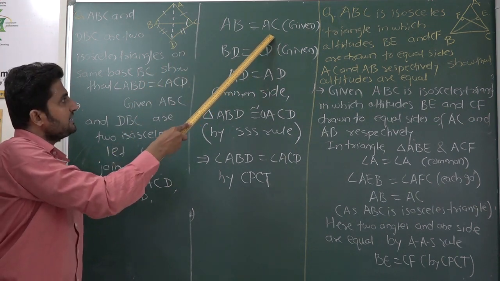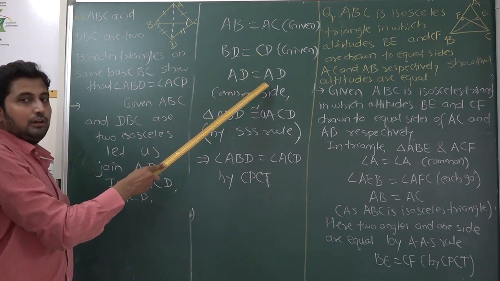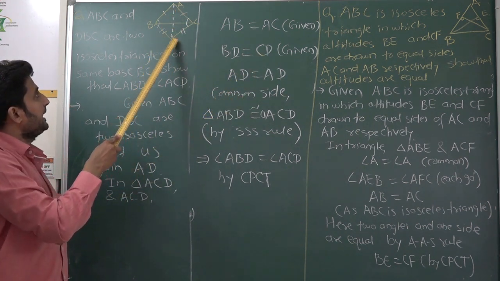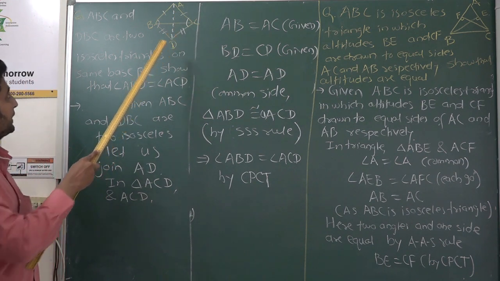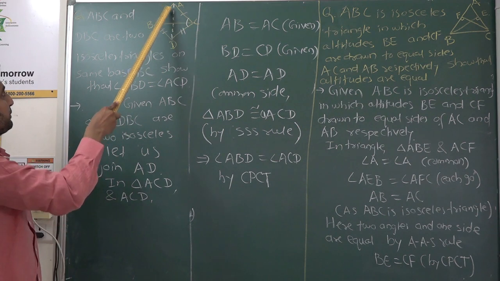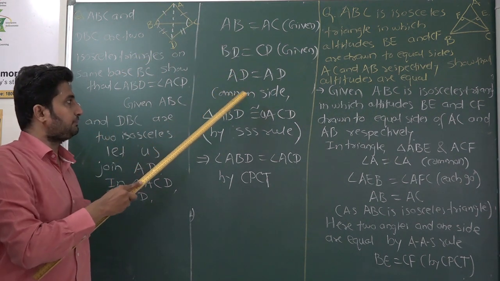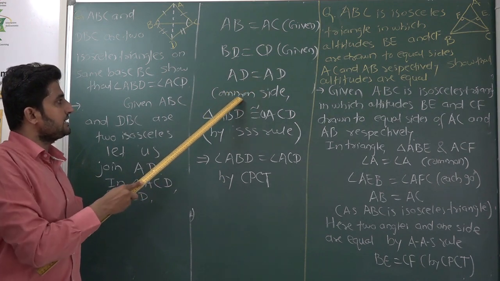These two points are already given to us, and AD equal AD. If you observe, this AD is common for both the triangles ABD and ACD, so side AD is common to both.